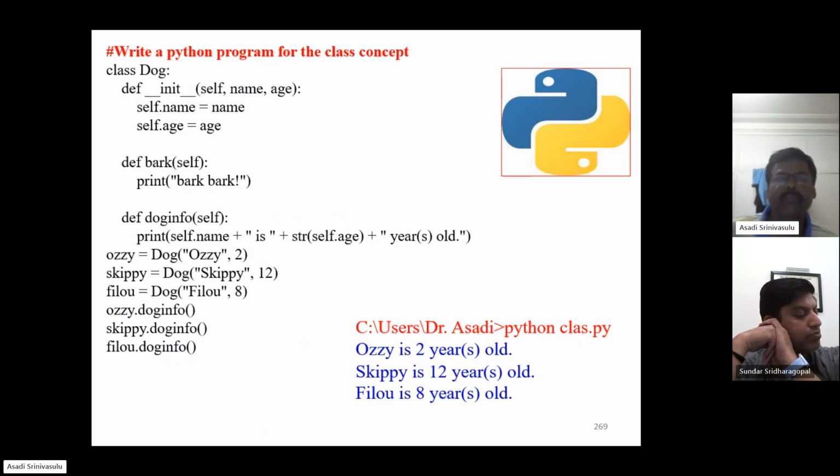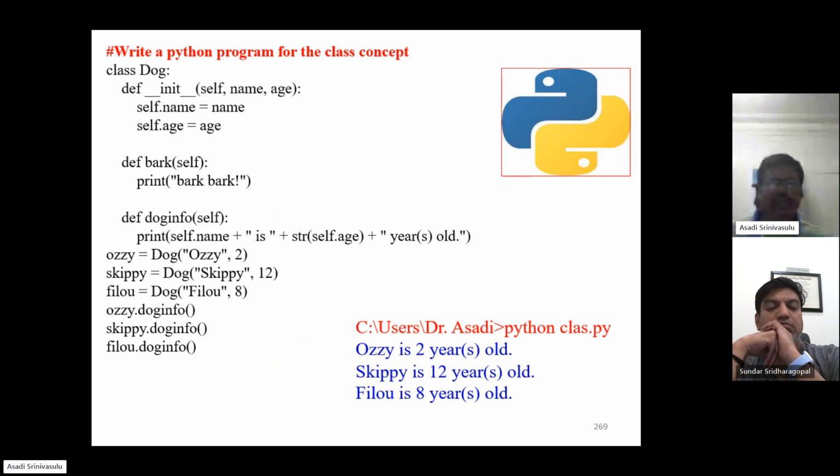Write a Python program for the class concept, like here. My class name is Dog, and my constructor is init self comma name comma age. Self dot name, we are assigning the name. Self dot age, we are assigning the age. Then my function name is bark, which prints bark bark, and the second function is dog info self. I'm assigning the dog info like self dot name is self dot age.